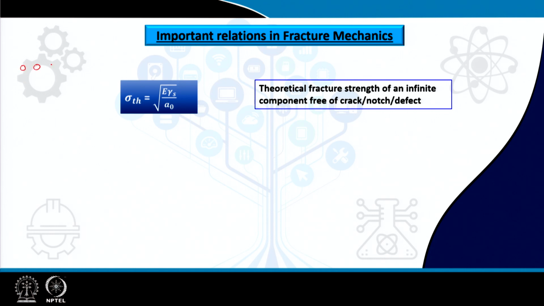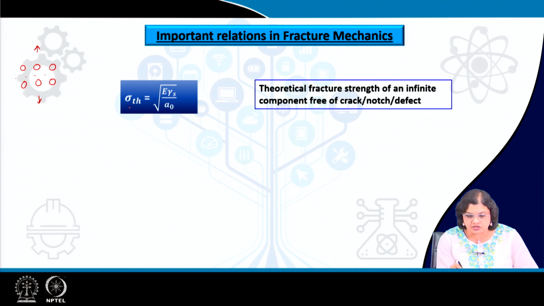Let us say we have an atomic structure like this, which is perfect without any defect, and if we are applying tensile stresses on this, at some point fracture will initiate, and this fracture strength is known as the theoretical cohesive strength or theoretical fracture strength of a material, and that is related to the elastic modulus, the surface energy as well as the interatomic distance.